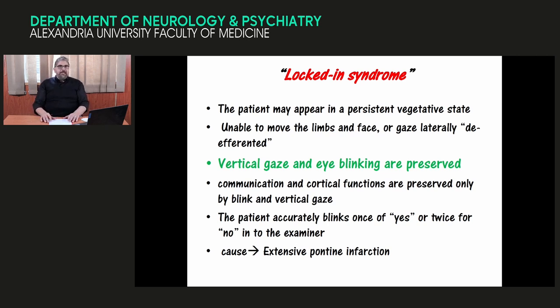But here the patient has specific selective criteria, which is the preservation of the vertical gaze and eye blinking only. These are the only findings present in the patient. The patient here is unable to move the limbs, unable to move the face or the gaze laterally from side to side, but the patient is preserving the vertical gaze up and down and eye blinking only.